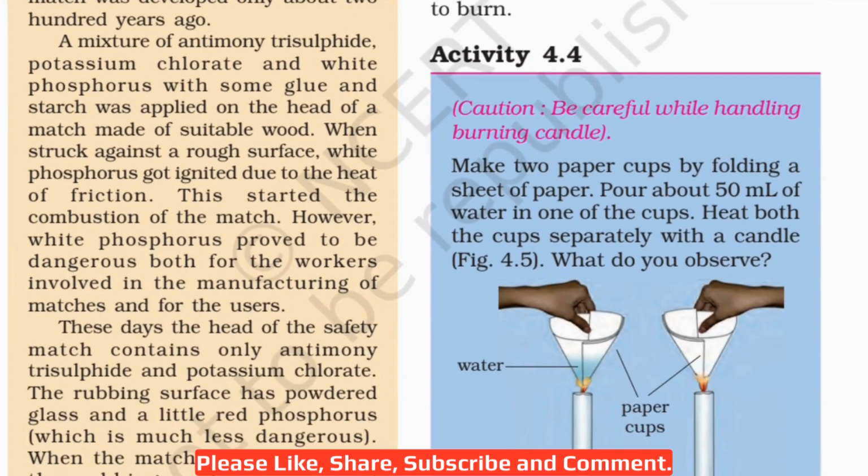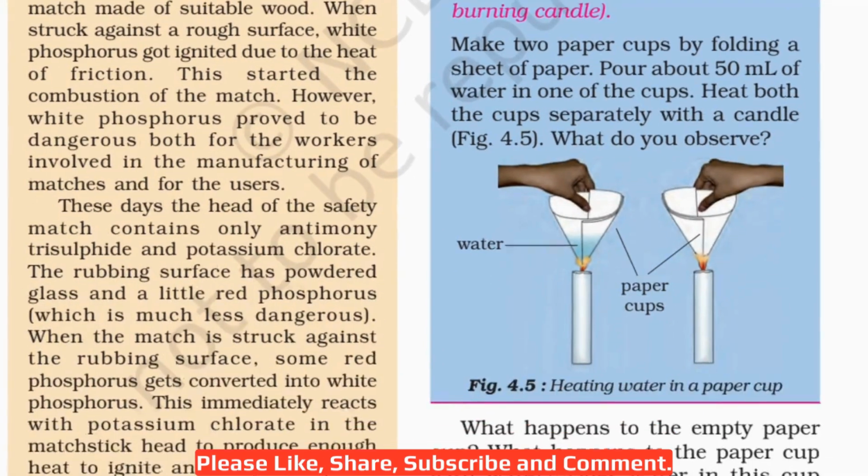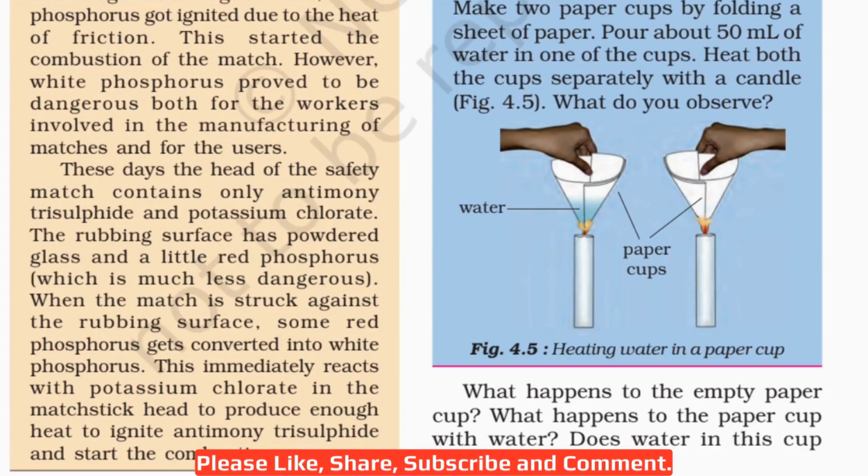However, white phosphorus proved to be dangerous both for the workers involved in the manufacturing of matches and for the users. These days, the head of the safety match contains only antimony trisulfide and potassium chlorate. So they have eliminated white phosphorus because it was toxic. Now the rubbing surface has powdered glass and a little red phosphorus, which is much less dangerous.